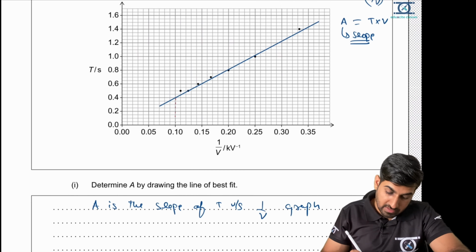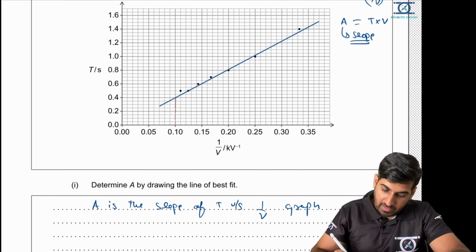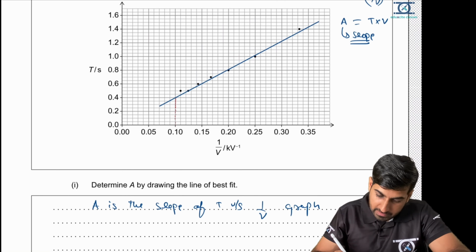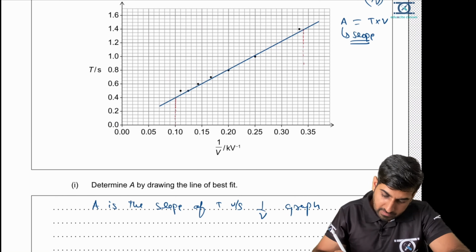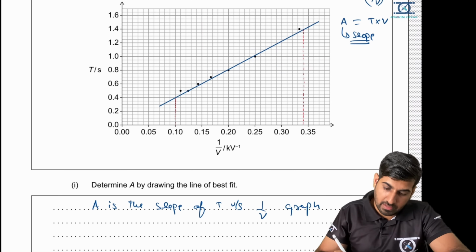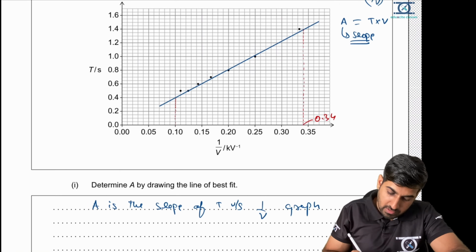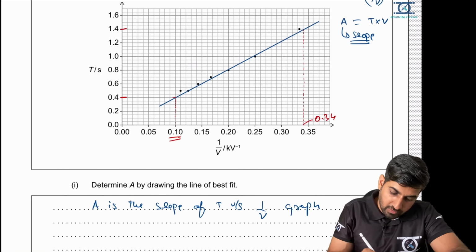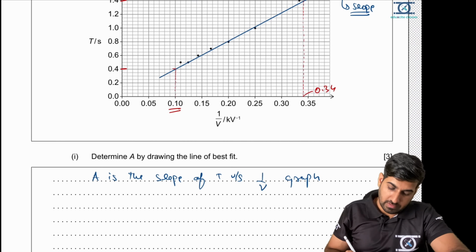One point is this one, and another point I can take is, let me take this point, this one. Okay, so this is 0.34, this is 0.1, this is 0.4 here, and this is 1.4.